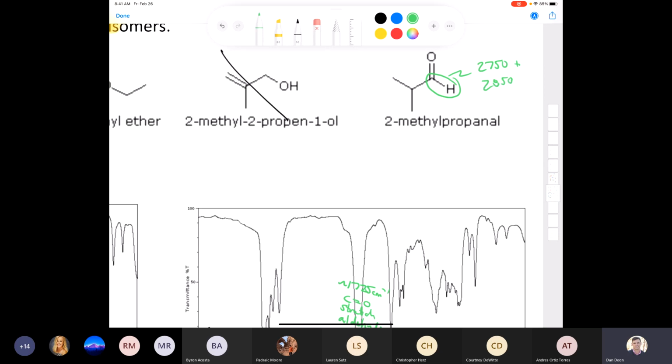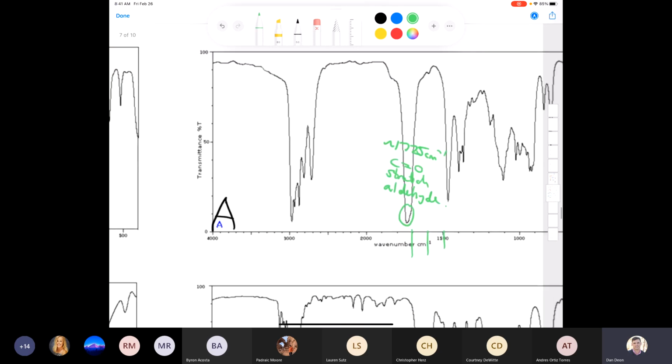Not a range, it gives you two signals at those two values. If you come down here, here's 3,000. This is 29, this is 28, this is 27. So you can see that it's pretty close to 2750 and 2850. These are the aldehydic CH stretch. That's the dead giveaway that A is the aldehyde.